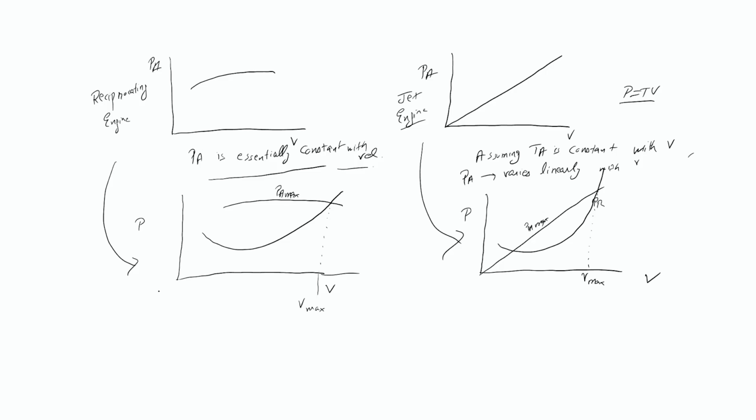Again the point remains the same: the high speed intersection of the maximum power available and power required curves defines the maximum velocity for straight and level flight.